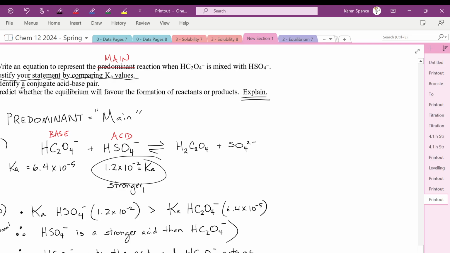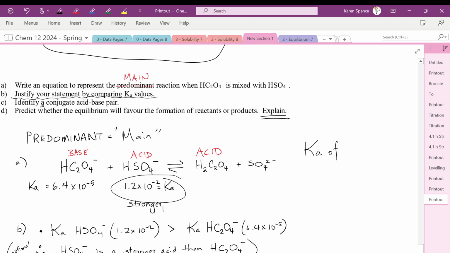Shall we try this? Let's start with Ka, because this question seems to like Ka, so let's talk Kas. Ka of who? Ka of H2C2O4, because this is our other acid, because now we're comparing our 2 acids, right?